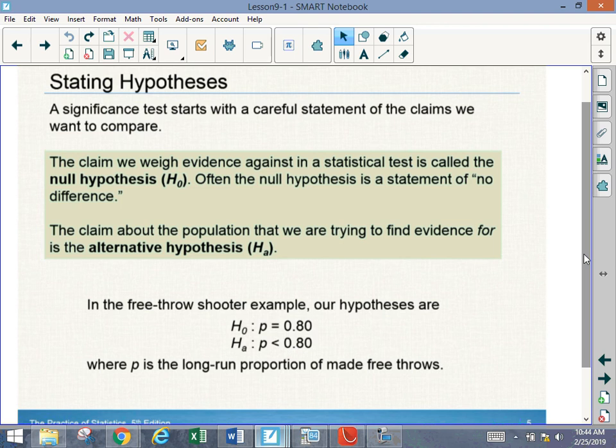When I write that down, I'm going to say H naught, or the null hypothesis, is this. And HA, or the alternative hypothesis, will be denoted H sub A. Our null hypothesis is what we're going to test against.